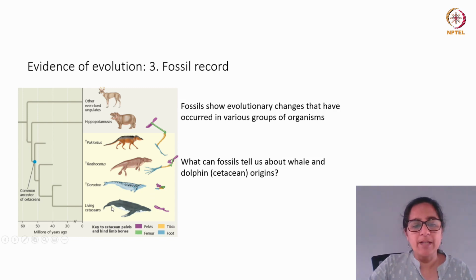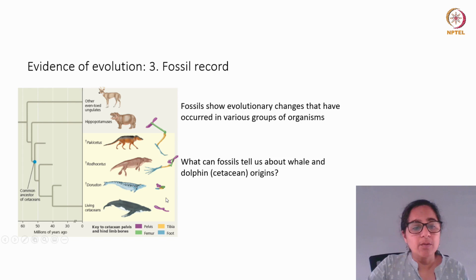So living cetaceans, you can think about this as a whale. There is some kind of a pelvis structure here colored in purple. And then you can see that across various different animals, some which are present, existing things like hippopotamus, or some things like Pachycetus, an extinct animal, also seem to have certain similar structures.